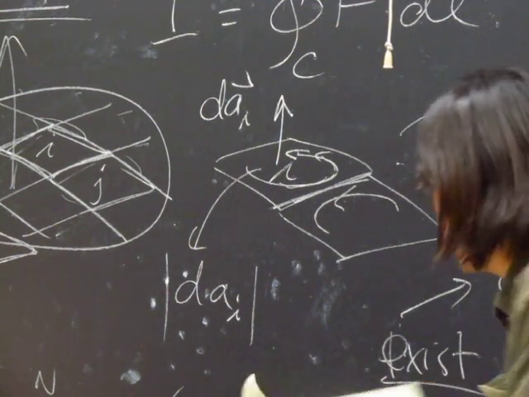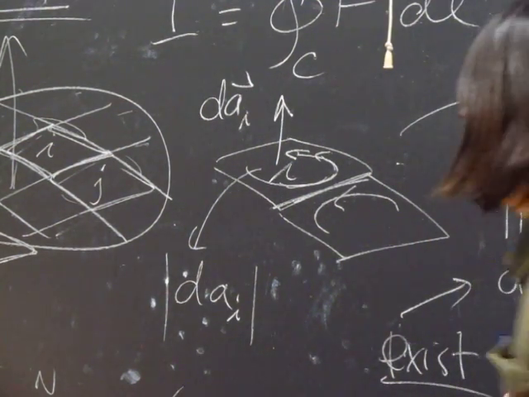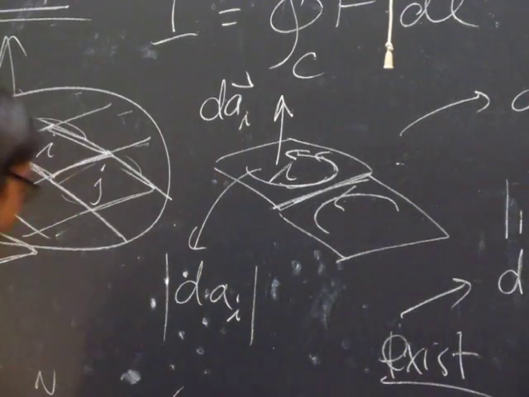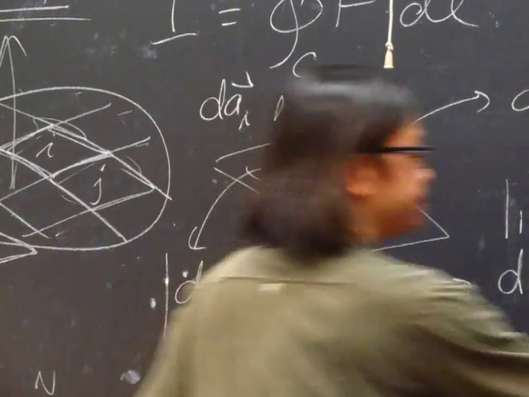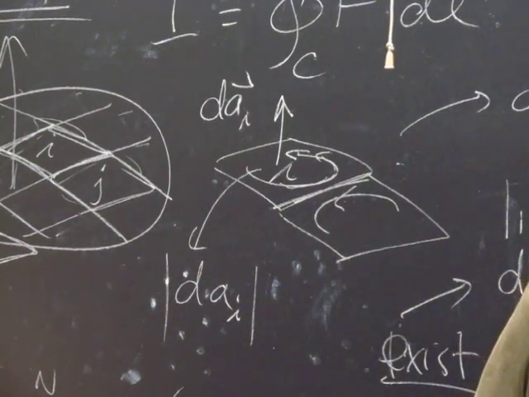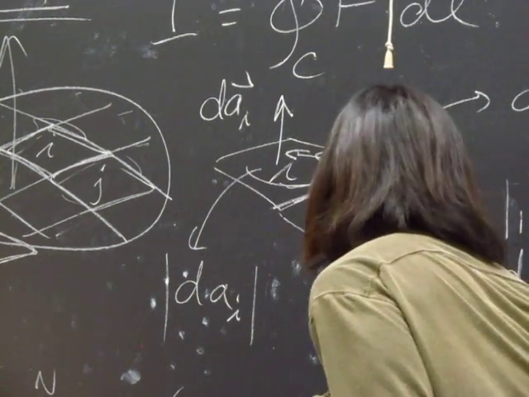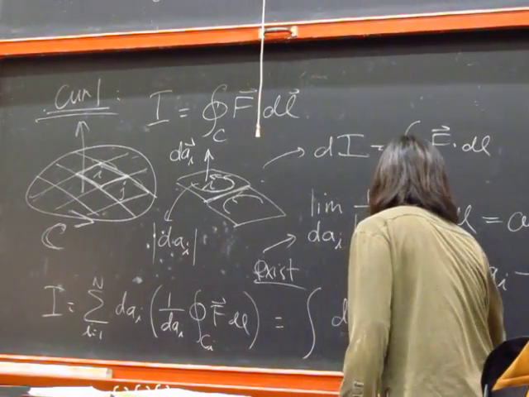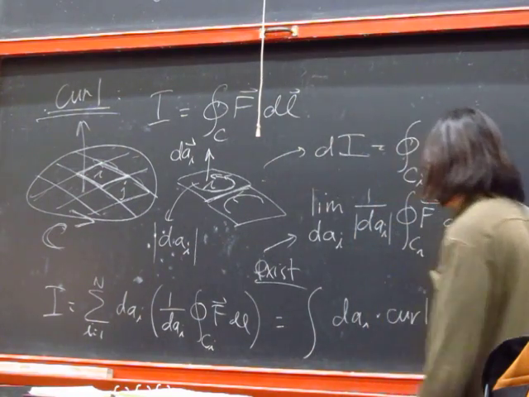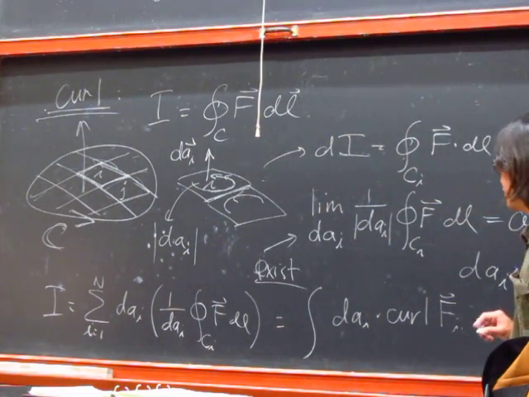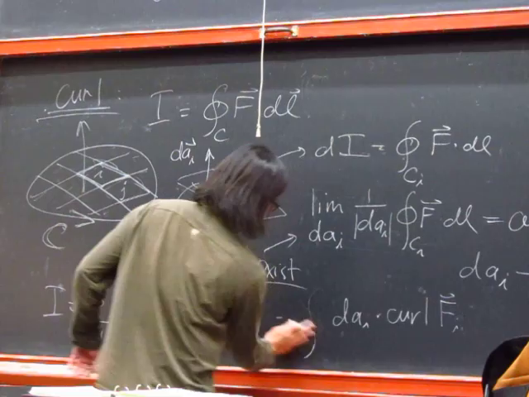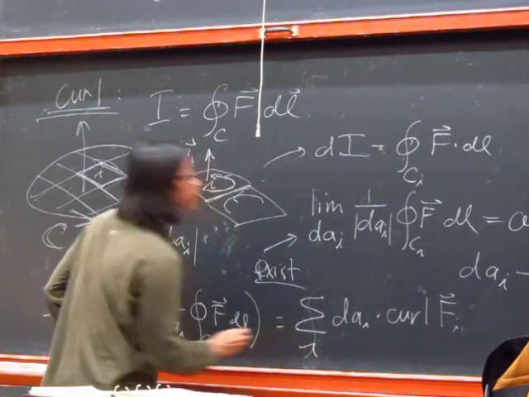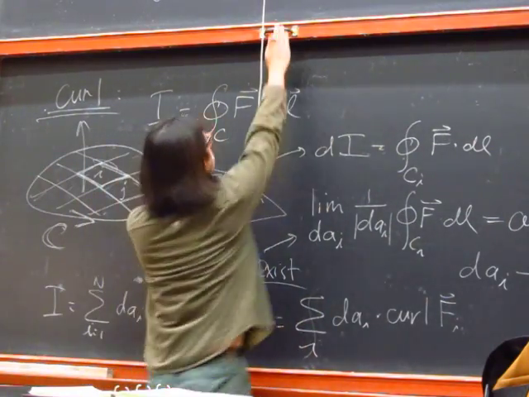And this then becomes, in the limit when dAi goes to 0, the integral of dAi dot the curl of F at i. Let me just take one more step. This is still a sum over i.